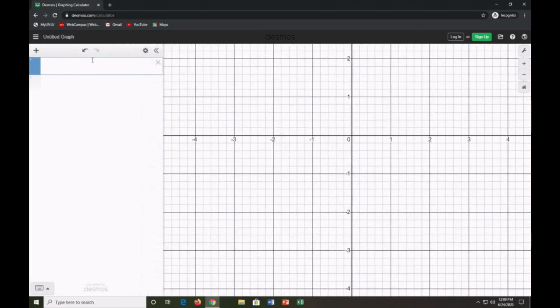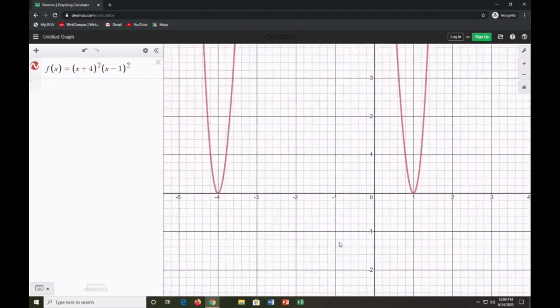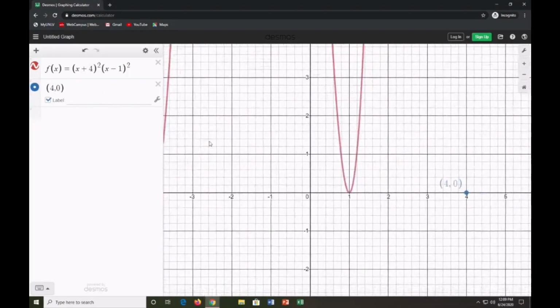So let's look at that polynomial. It equals x plus 4 squared times x minus 1 squared, right? That's the polynomial. Then the point 4 comma 0, look at that, it's way off.